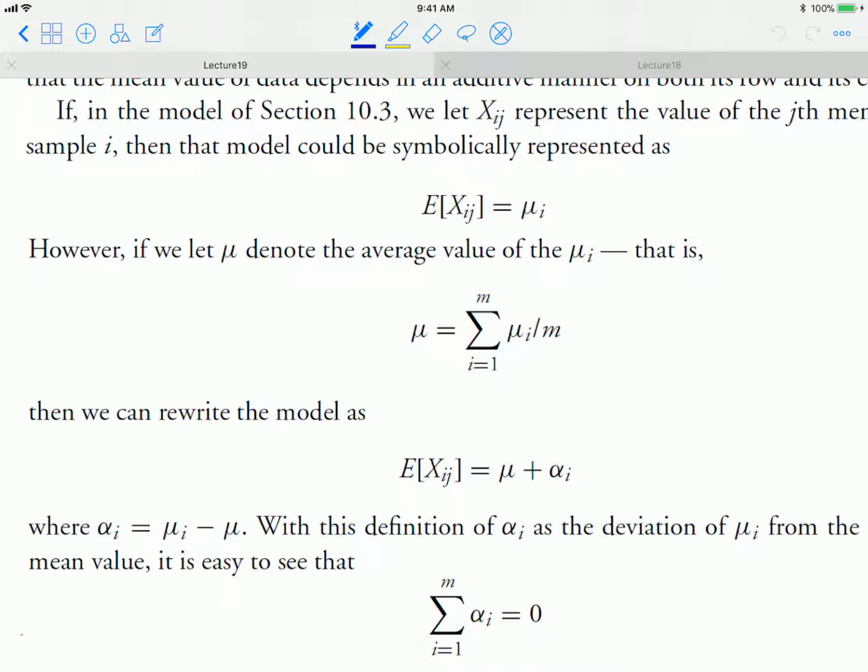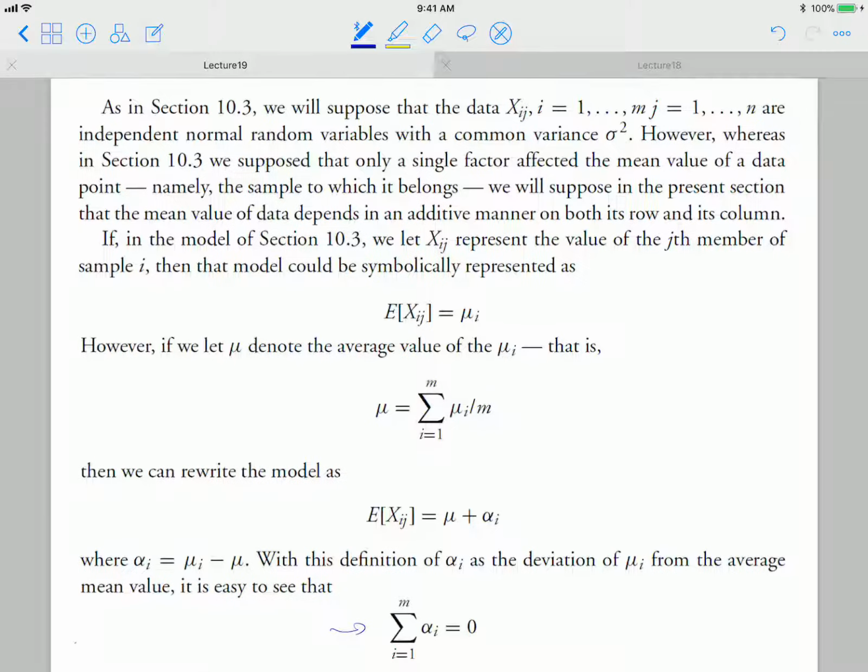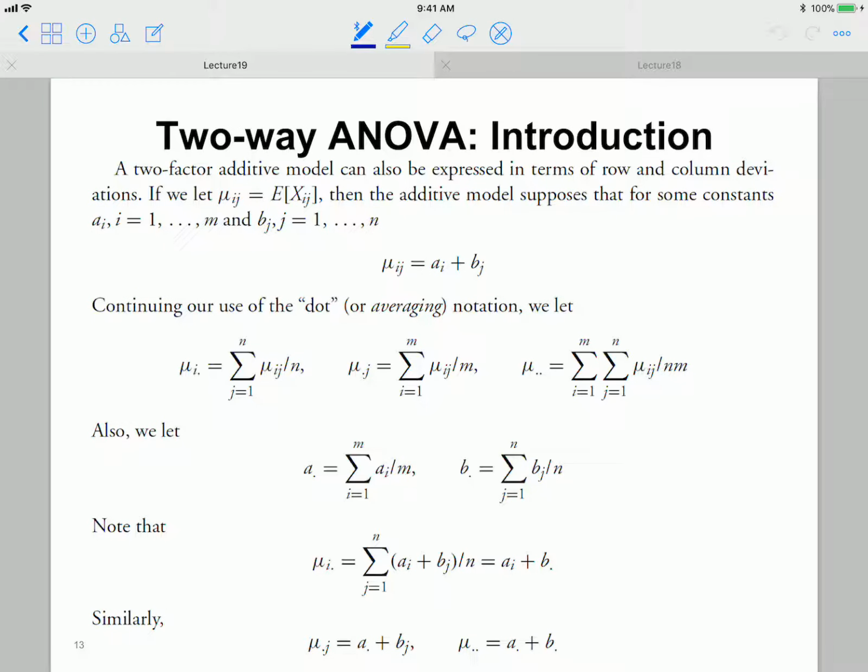So you see these equations that we just described, but the book is showing somewhat tedious settings about why this should be true.